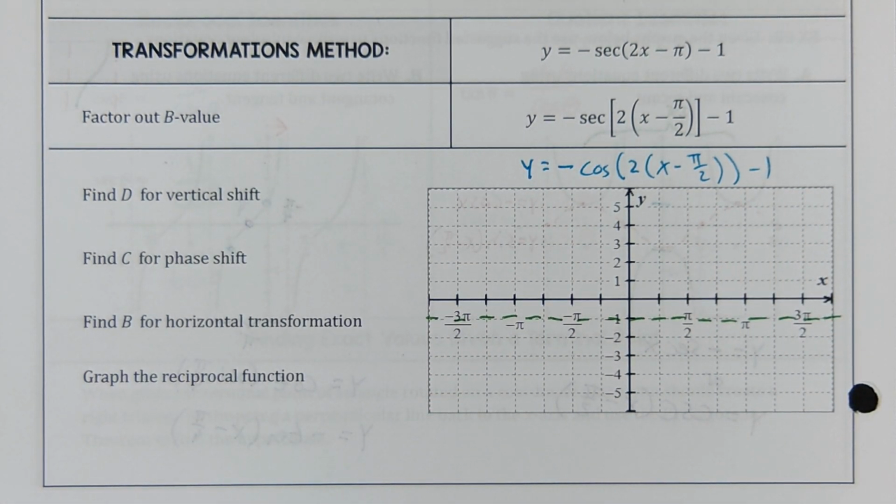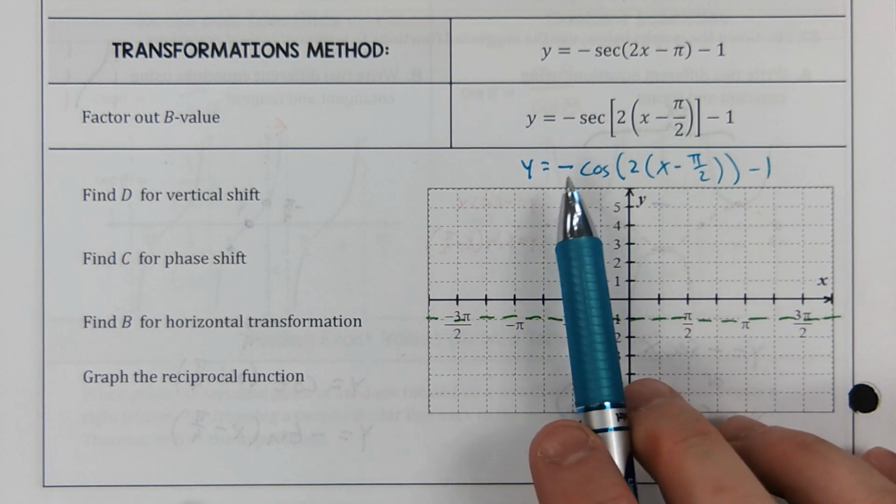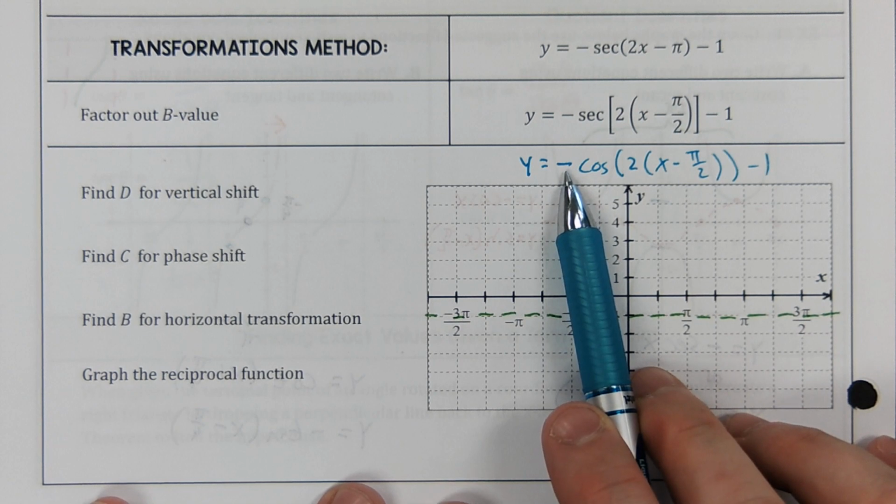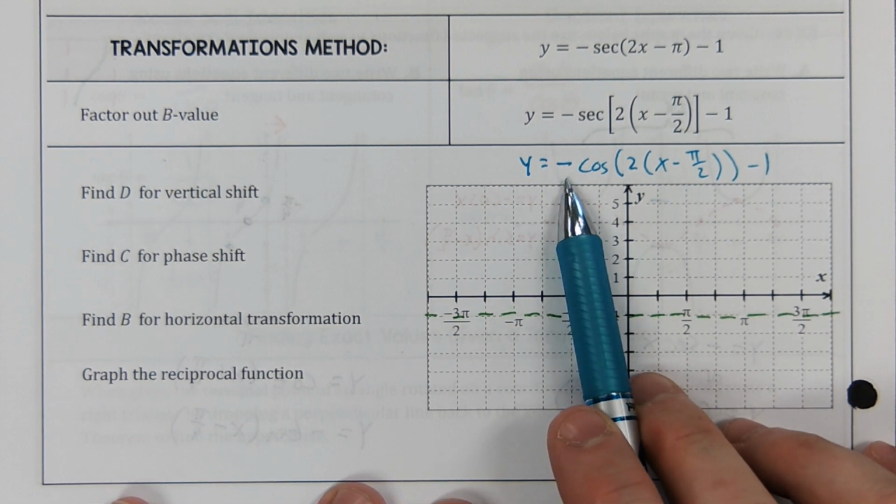Where are we going to start this cosine wave? What x value? Pi over 2. And it's a negative, so it starts at its minimum. And the amplitude is 1.